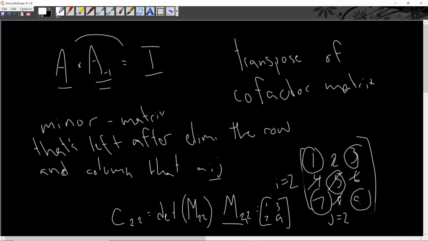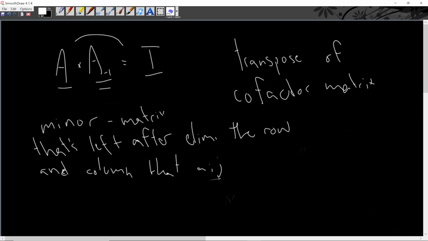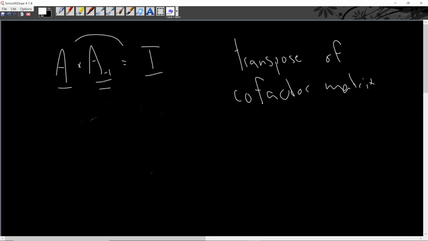So let's go back to how we find the inverse of a 2 by 2 matrix, because this one's going to be nice and easy. We're going to have 1 over the determinant times the adjugate transpose. I mean, not the adjugate transpose, the adjugate of the matrix.